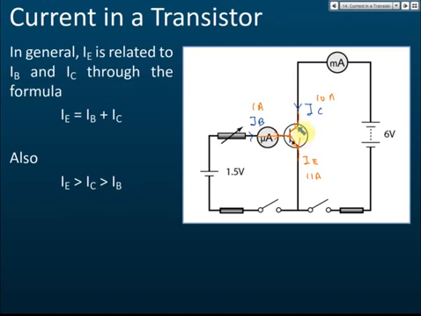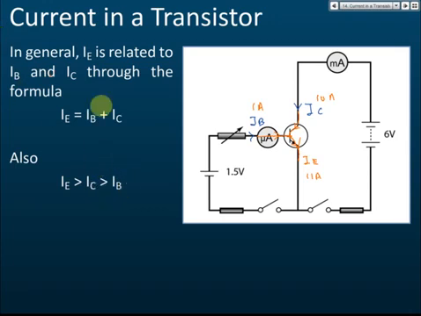Maybe 90%, sometimes 95% or 99%, can pass through the base and go to the collector. So most of the current will go to the collector because the base is very thin with very few holes. Therefore IC will be higher than IB. So IE is higher than IC, and IC is higher than IB.